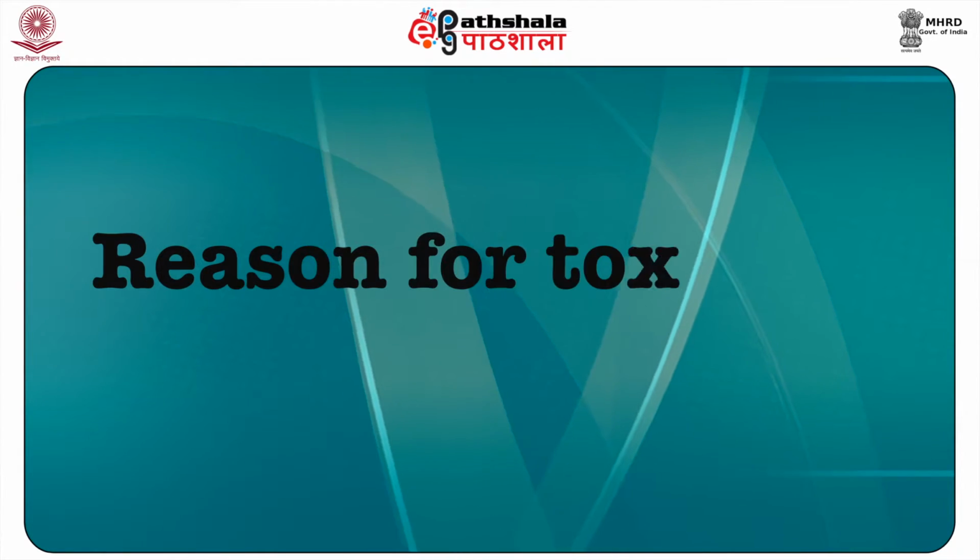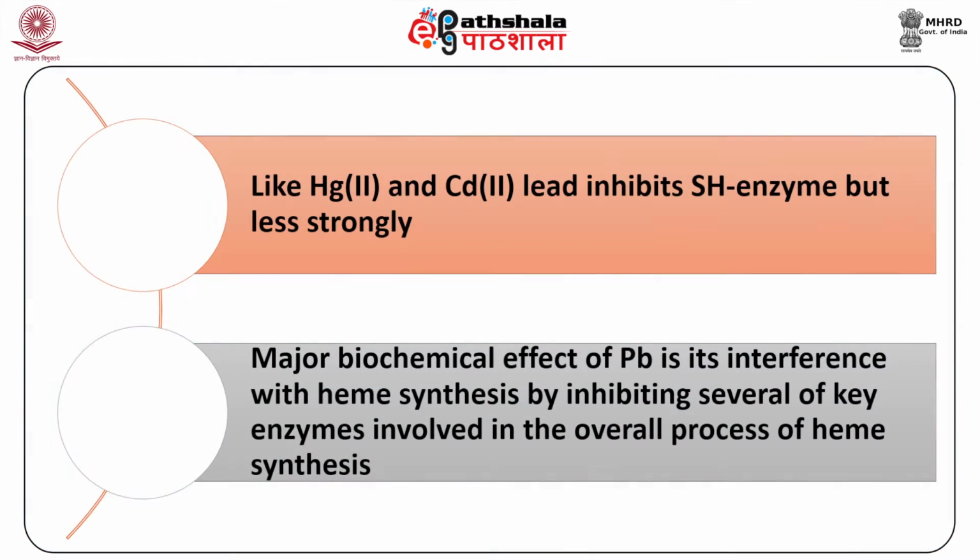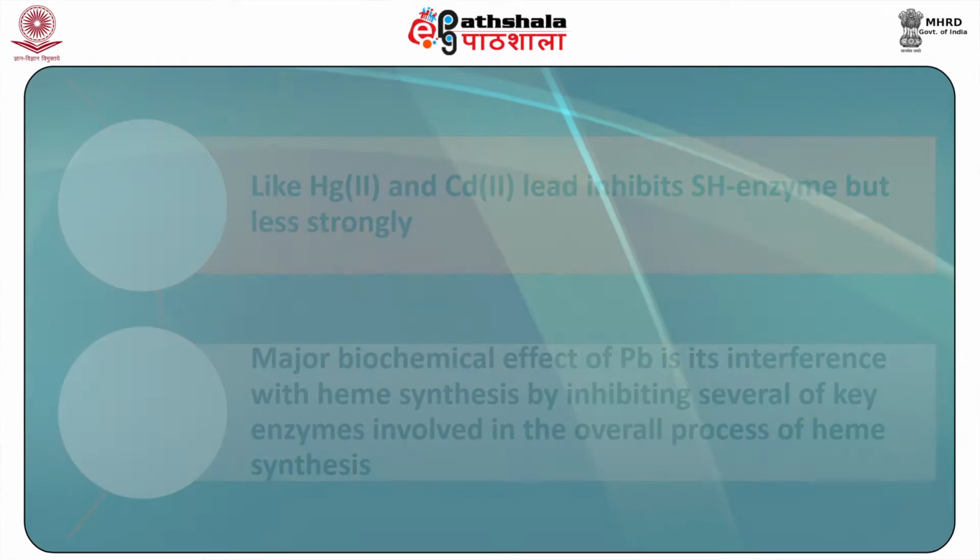Reason for toxicity. Like mercury and cadmium, lead inhibits SH enzymes but less strongly. The major biochemical effect of lead is its interference with heme synthesis by inhibiting several key enzymes involved in the overall process of heme synthesis.